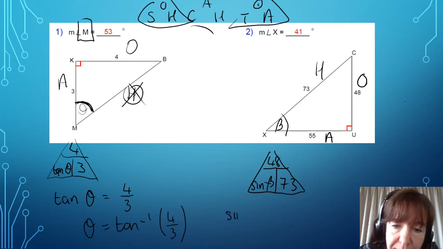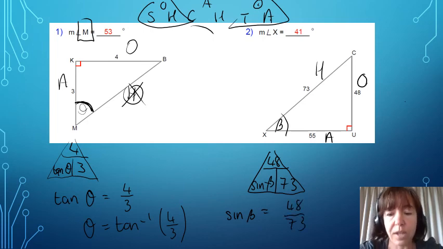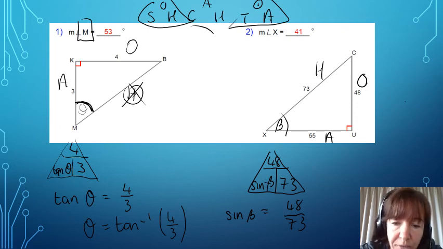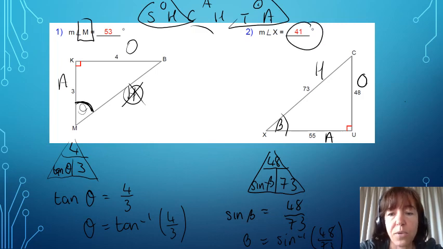So I know that sine of beta is equal to 48 divided by 73, because you divide when it's over each other. And to undo the sine of the angle, you inverse sine it. So sine to the -1 of 48 over 73, and when you do that you should get 41 degrees. So hopefully you did get that, and I need to power up it seems, so I'm going to stop here.